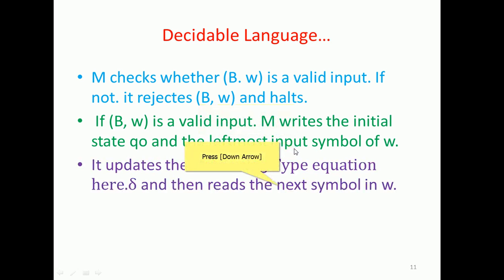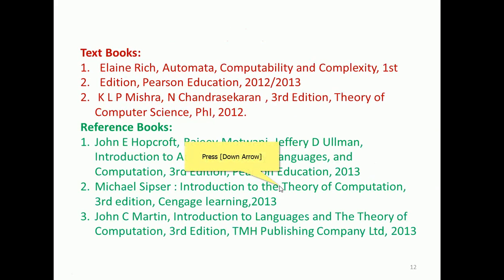It updates the state using delta and reads the next input symbol in W. W has n input symbols, so they are read one by one.